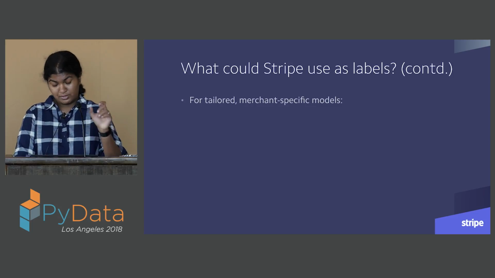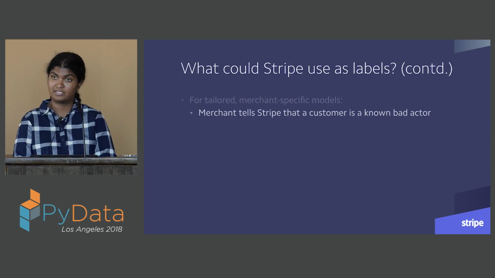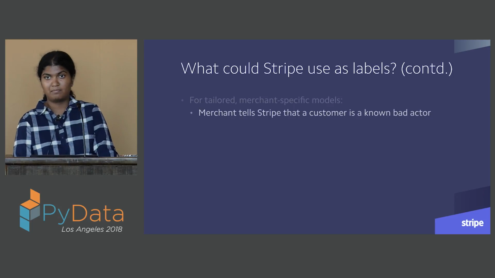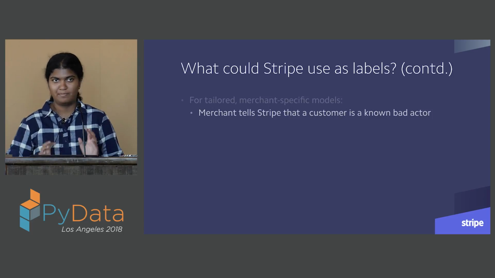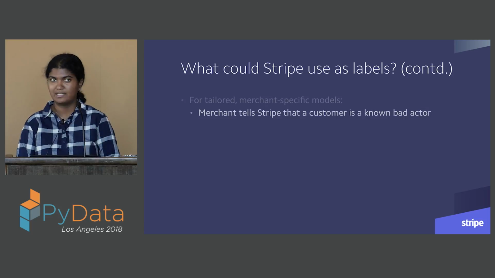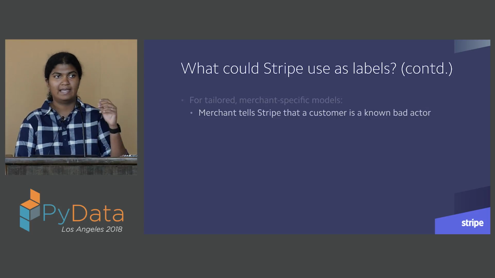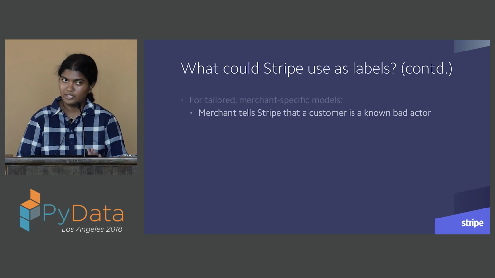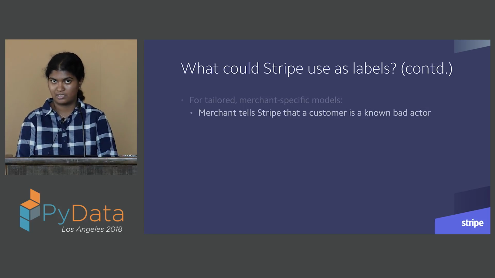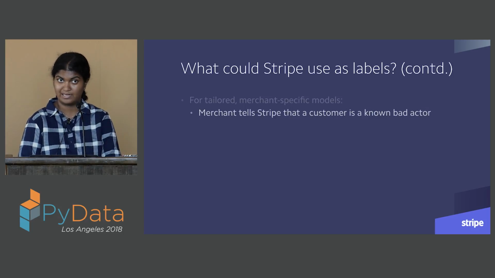So for very specific models that are meant for single merchants, if the merchant tells us that a certain customer is a known bad customer where they've had repeated bad interactions with them, and they want to label this customer as fraudulent, we could use that for a model that is very specific to that merchant.